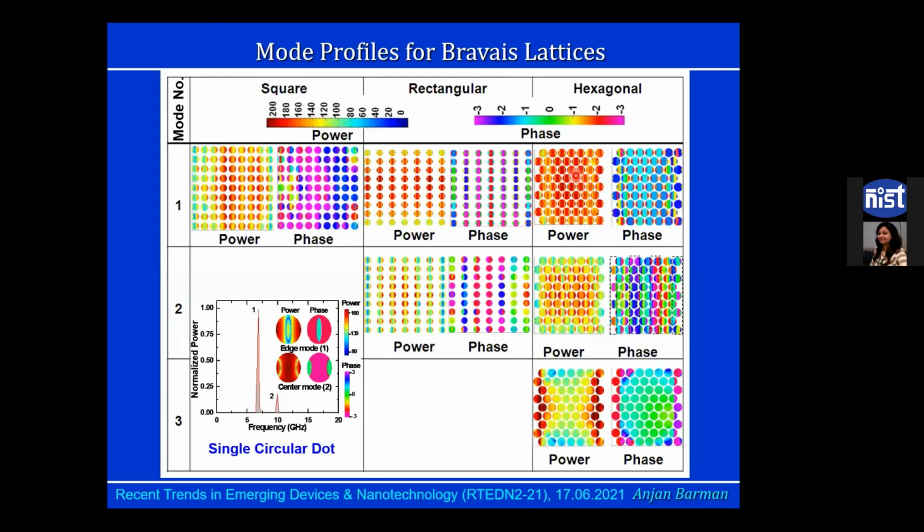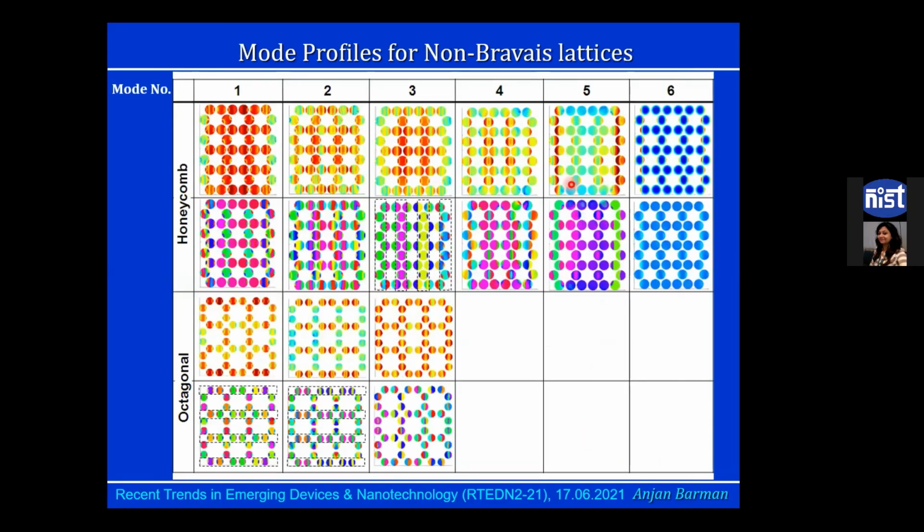Here the power is distributed uniformly, here power is distributed at the center, and if you look into the phase, it has an alternating kind of behavior. And here there's a bow tie kind of mode. For the non-Bravais lattices, the honeycomb and octagonal, they have even more complicated phase and power properties that we have completely characterized. I'm not giving you the details here.